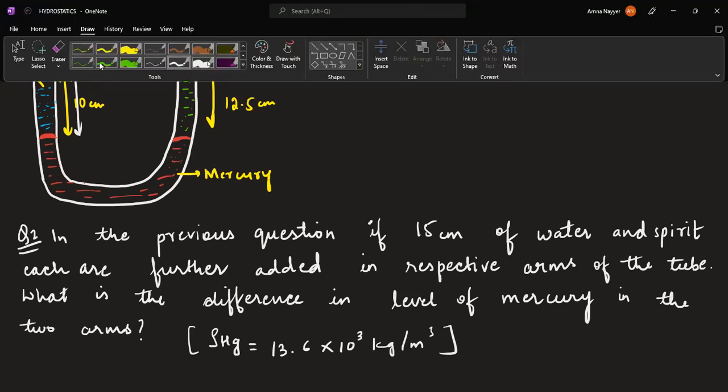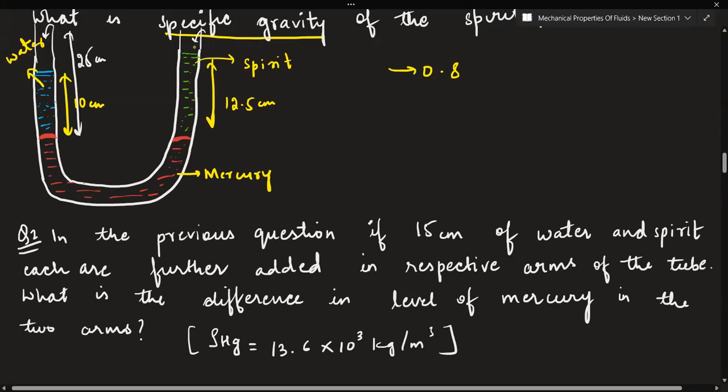And what about the spirit side? This portion. 15 centimeter has been added and 12.5 centimeter was already there. 12.5 plus 15. How much is it? It's 27.5 centimeter. Yes or no?